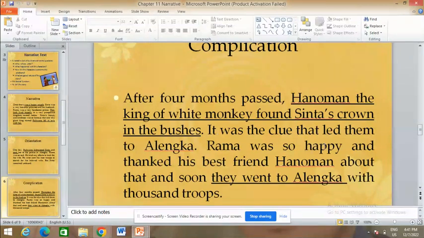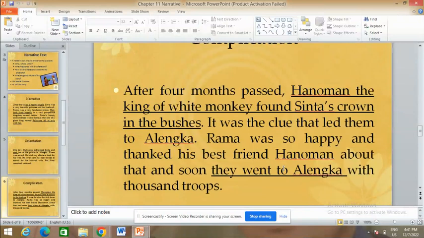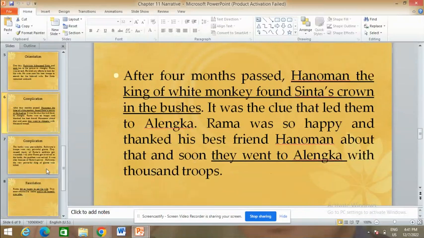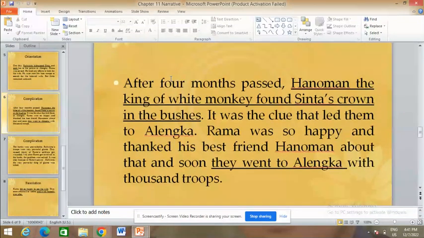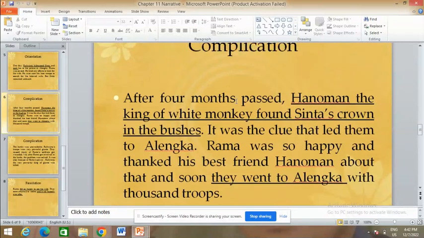Rama was so happy and thanked his best friend Hanuman about that. And soon they went to Alenka with 1,000 troops. So this is the complication or the conflict in the story.